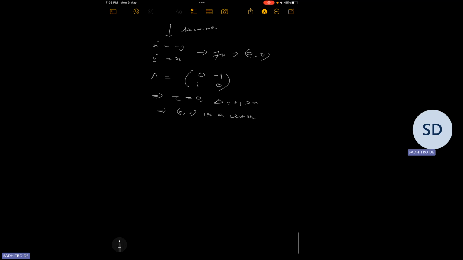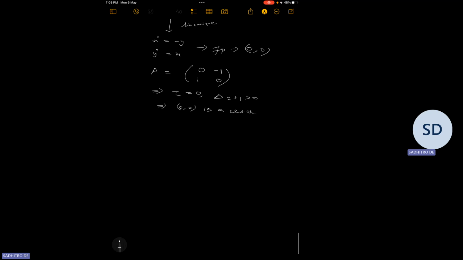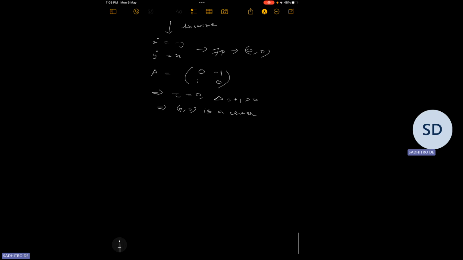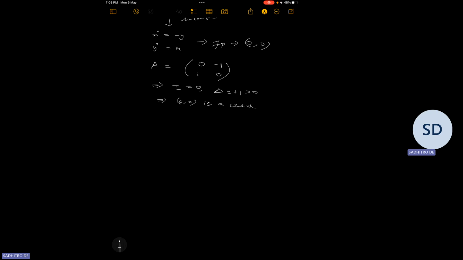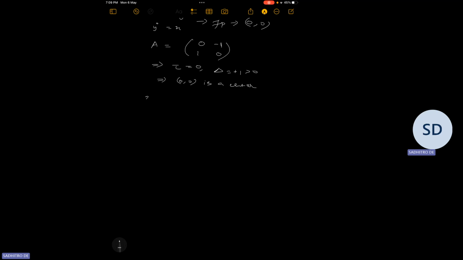Right. So the change of variables would be as follows. You consider x as r cos theta and y as r sin theta.